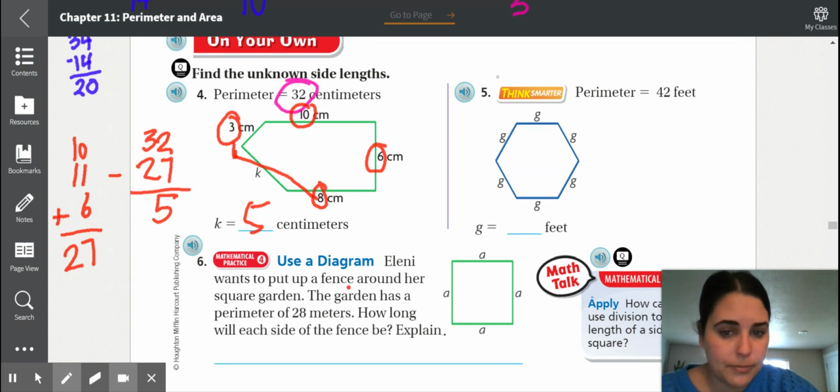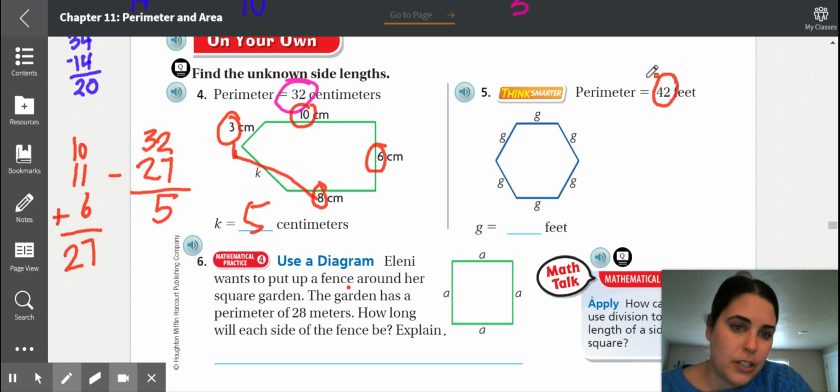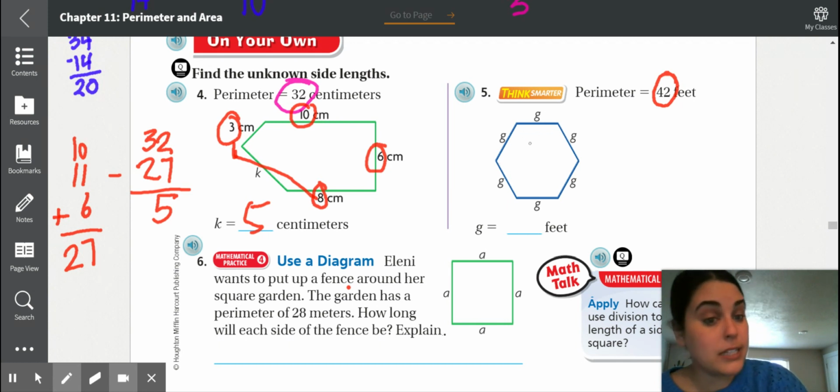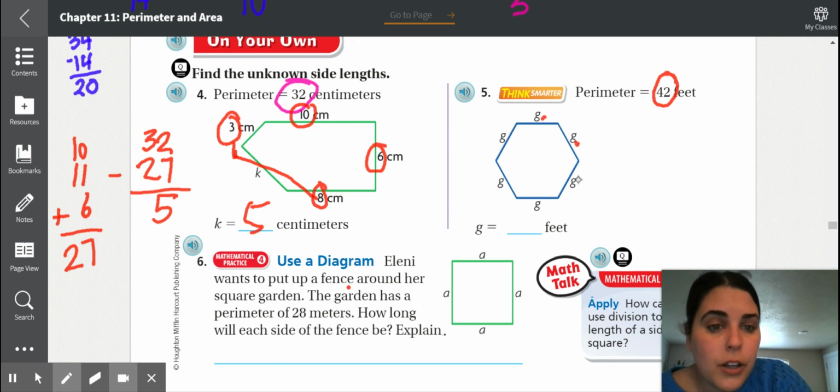Let's do number 5. We need to have the answer of 42. Each side is labeled G because each side is the same length. How many sides are there? 1, 2, 3, 4, 5, 6. 6 sides.